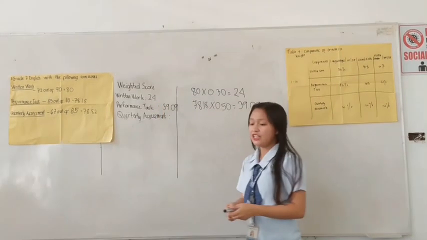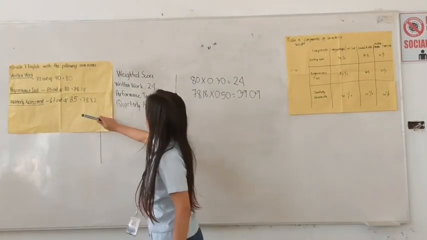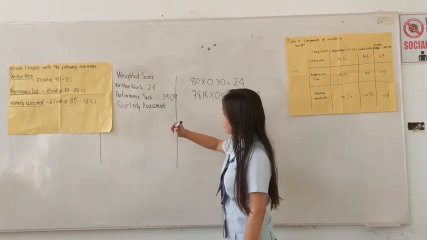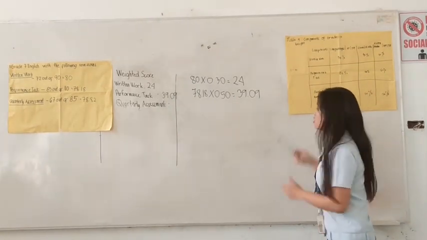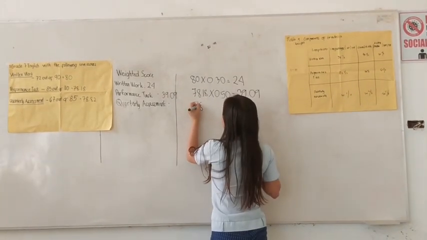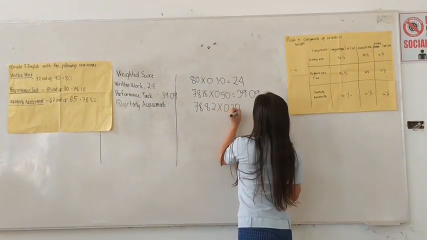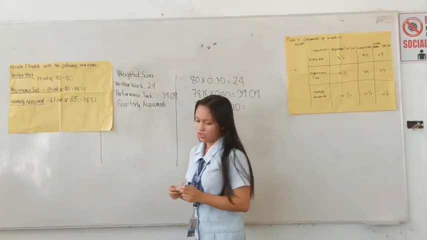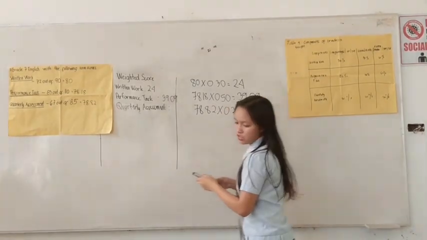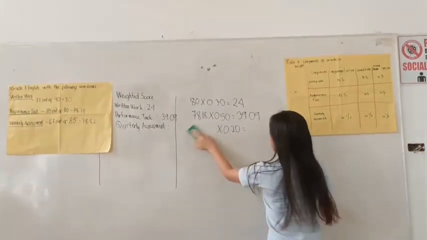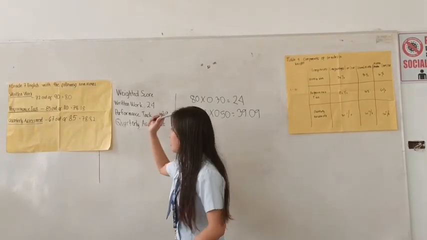And in quarterly assessment, we have to multiply 78.82 by the quarterly assessment weight.